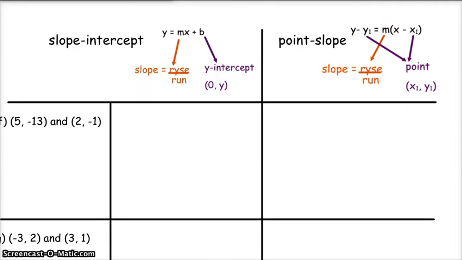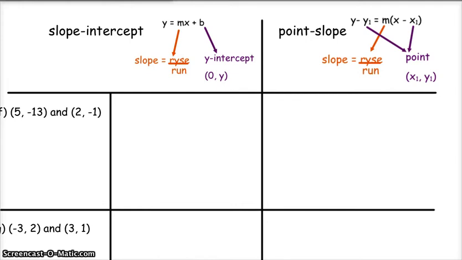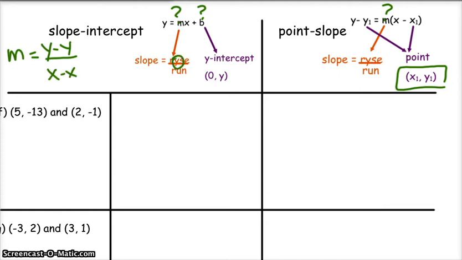And lastly, I'd like to walk you through letter F. F is the hardest because you don't have m and you don't have b. You have to calculate both of them. For point slope form, the unknown is your m, and you need to pick only a single point to use. So let's find your m first. To find slope, we subtract the y values on top and the x values on bottom, and that's why I misspell the word rise.